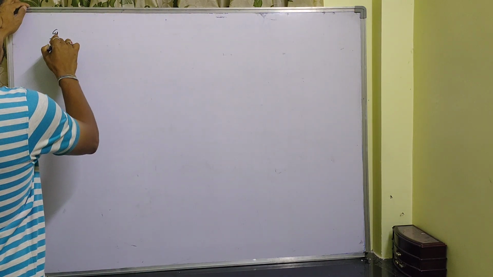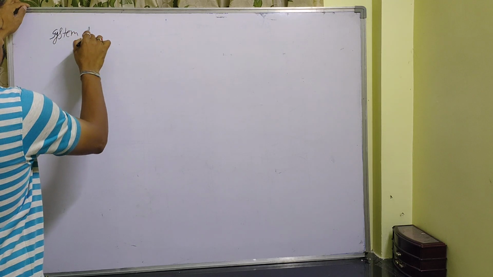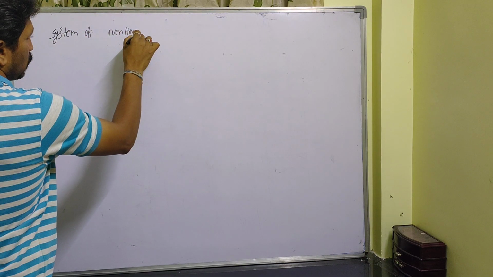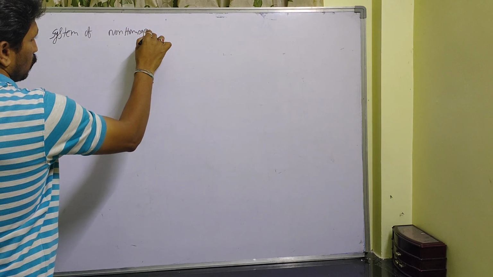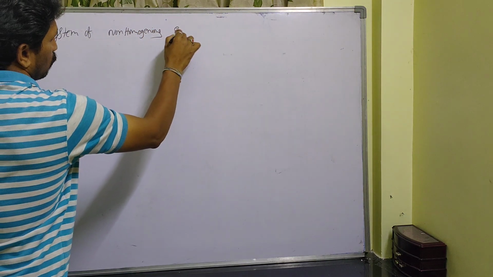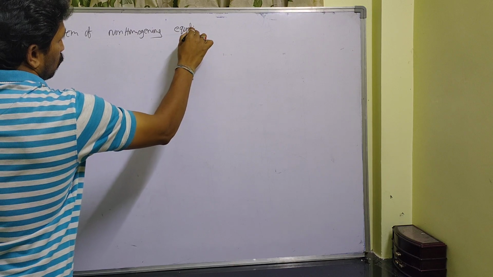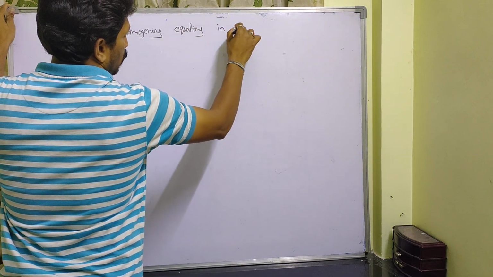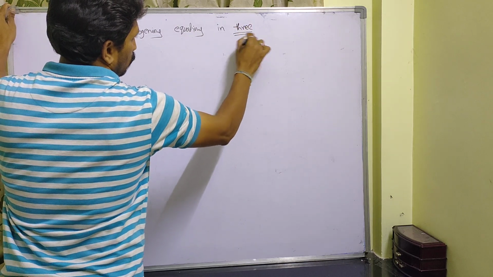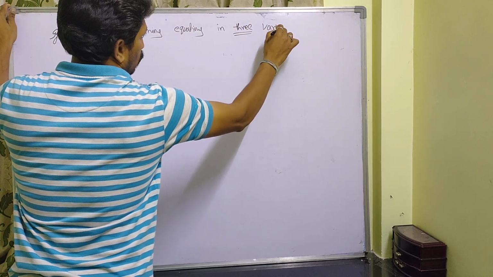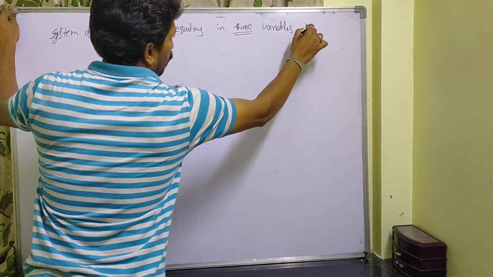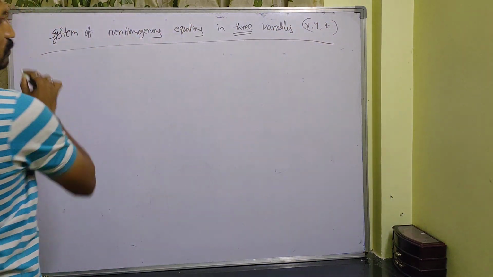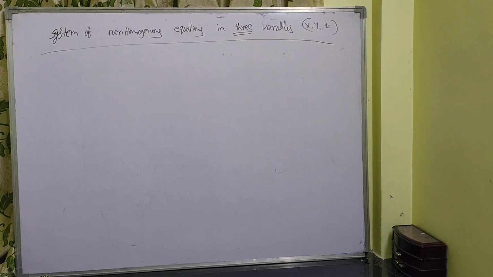System of non-homogeneous equations in three variables. Generally, these three variables we consider are x, y, z.